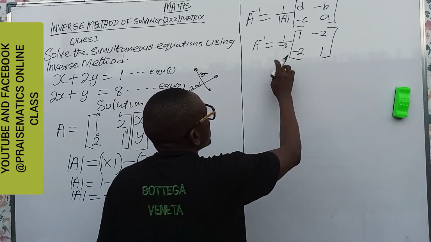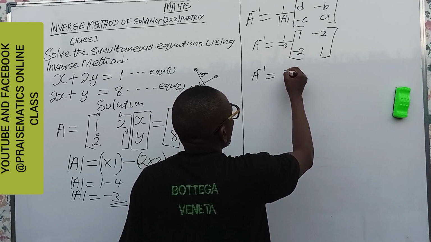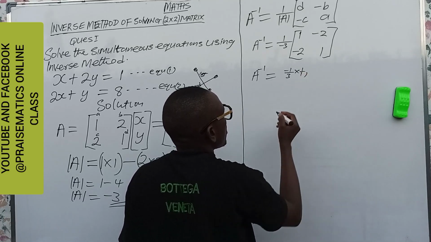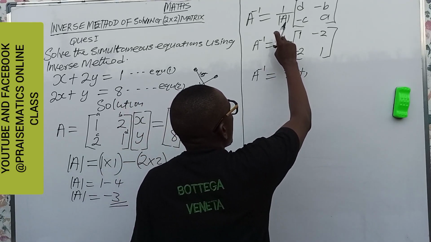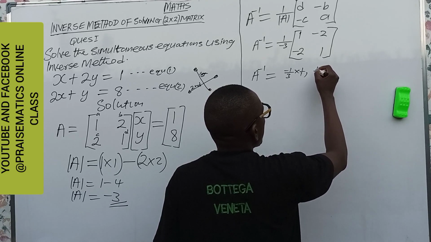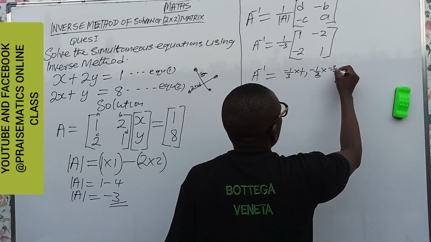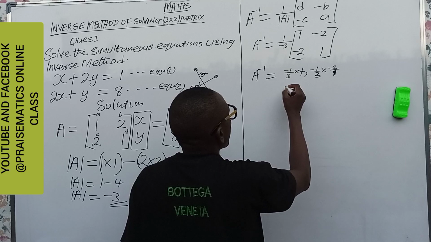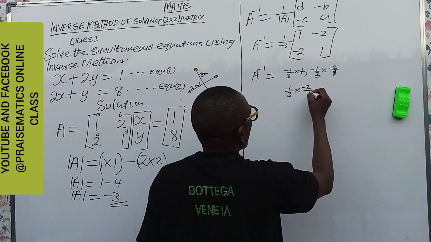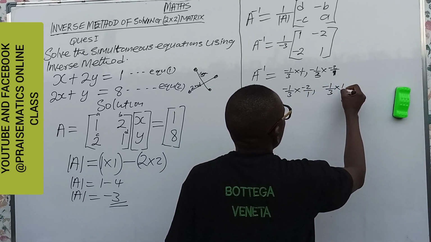And that is what we have. So we use this to multiply this out. We have that A inverse is equal to minus 1 over 3 multiplied by 1 over 1. Let them look like a fraction. Minus 1 over 3 multiplied by minus 2 over 1, comma, minus 1 over 3 multiplied by 1 over 1.